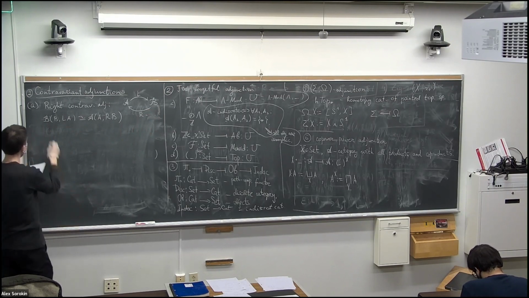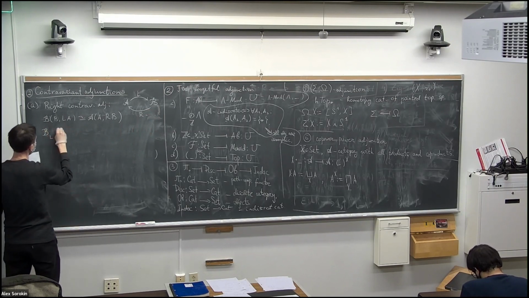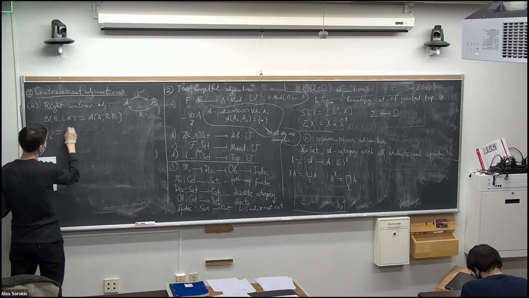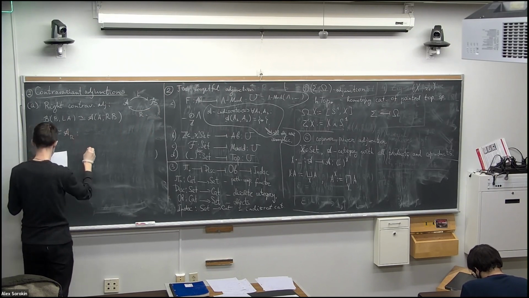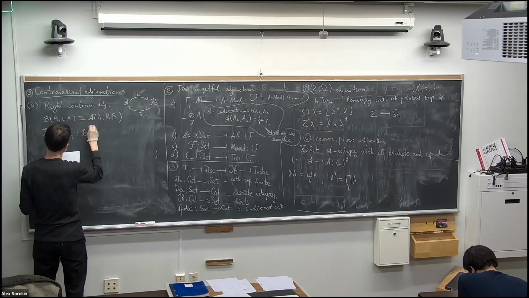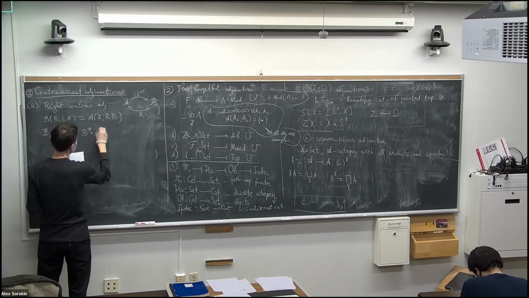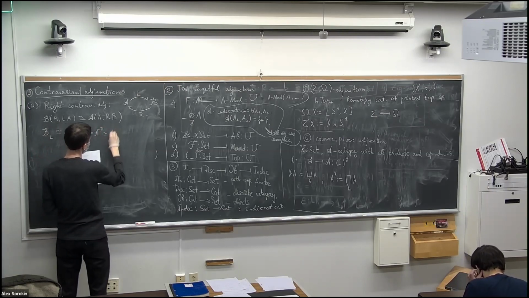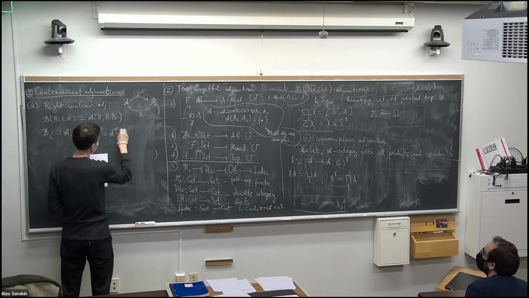In this case, we have B sub L isomorphic to A sub R as functors from B op cross A op, isomorphic to A op cross B op.